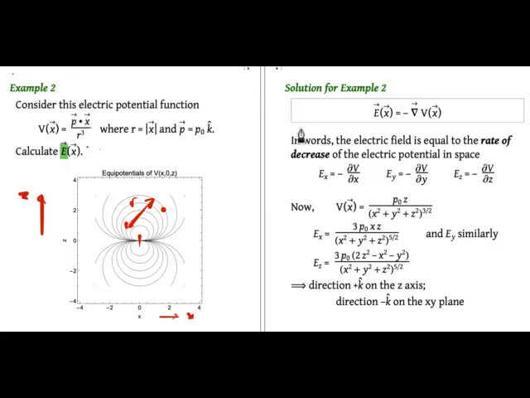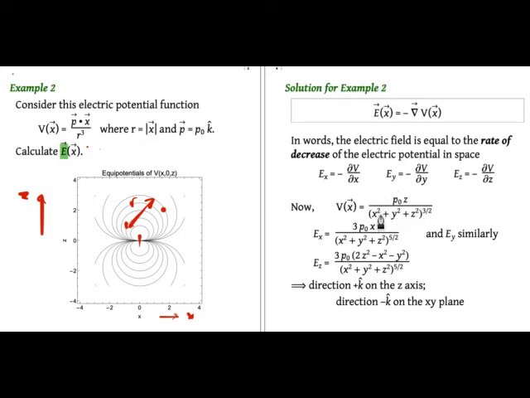V of x is written here, but I'm going to calculate the derivatives in Cartesian coordinates. So I'll rewrite this in Cartesian coordinates. P is P0 k hat, dot x is z. So the numerator here is P0z, and the denominator is x squared plus y squared plus z squared to the 3/2 power. That's r cubed. So let's look at Ex. I have to differentiate with respect to x. Now the only x dependence is in this 1 over x squared plus other terms to the power 3/2.